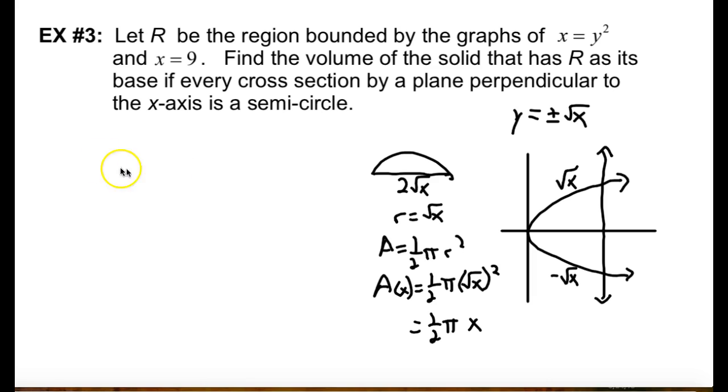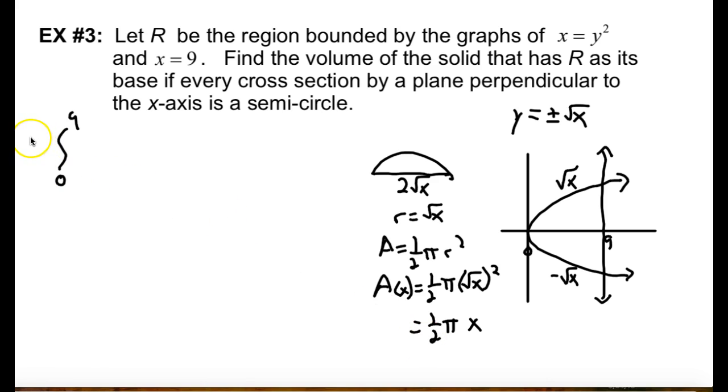So then we need to set up our integral. Okay, well, we haven't talked about the bounds yet for this one. Obviously, I would be starting at 0 here, and then this bound here, well, I'm told that this is the line x equals 9, so my other bound is 9. So I will take the integral from 0 to 9 of my area of the cross-section.